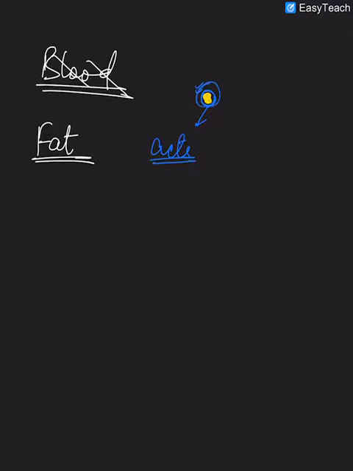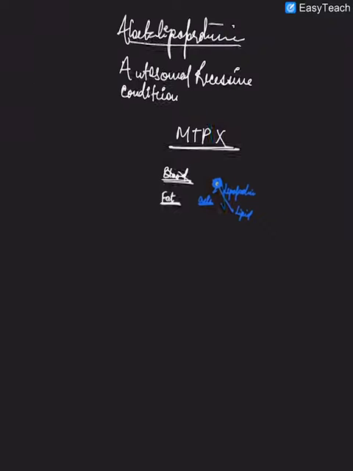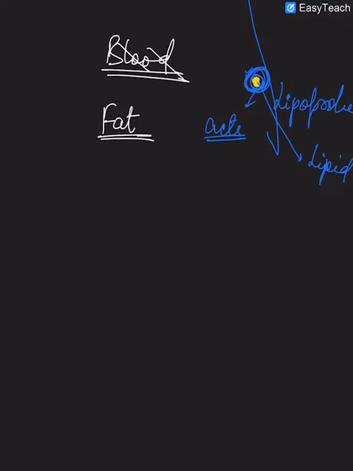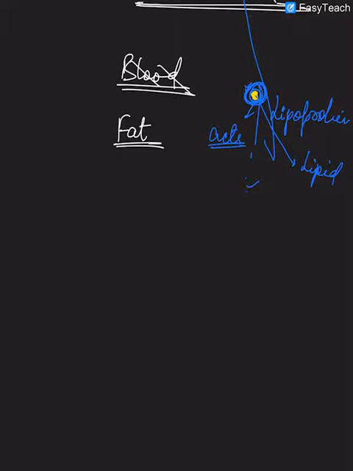So this is called lipoprotein. Why do we call it lipoprotein? Because you have lipid inside and you have protein outside. So the body covers the lipids with a protein around it, so that it's easy for it to travel across the blood.